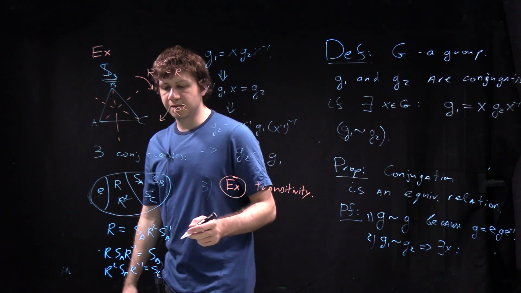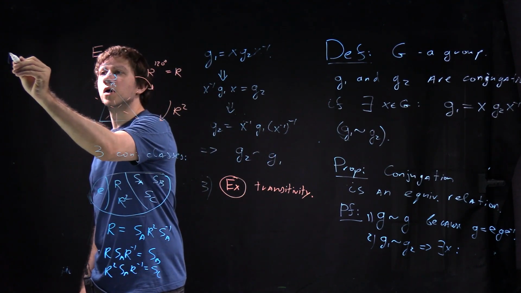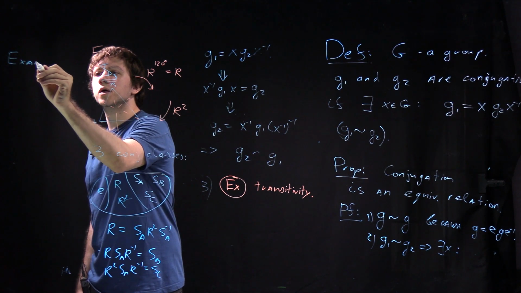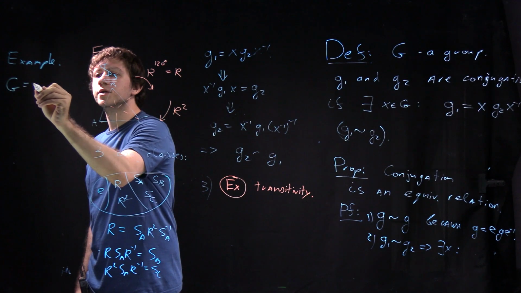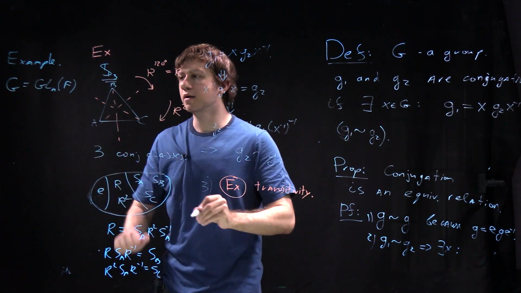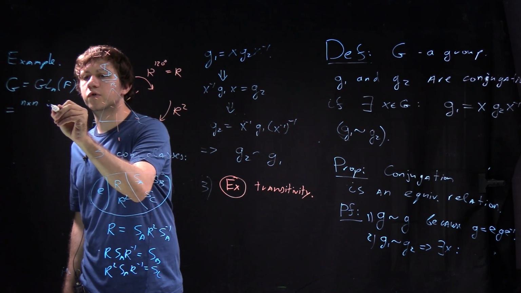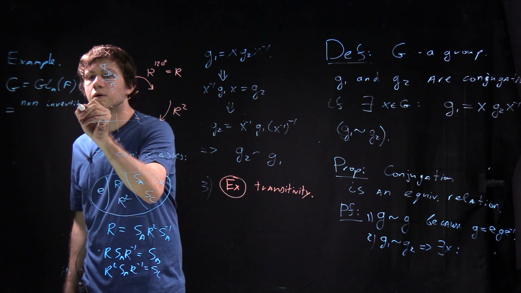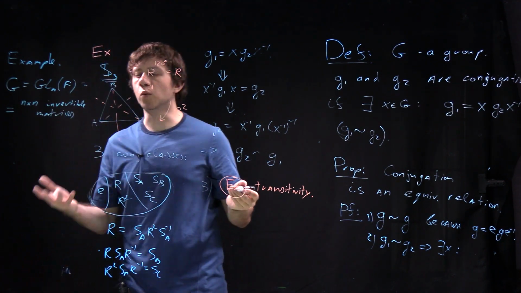And let me give you another example, which is very familiar. Let's take as a group G, GLn of F, and I remind you, these are n by n invertible matrices. So no problem.